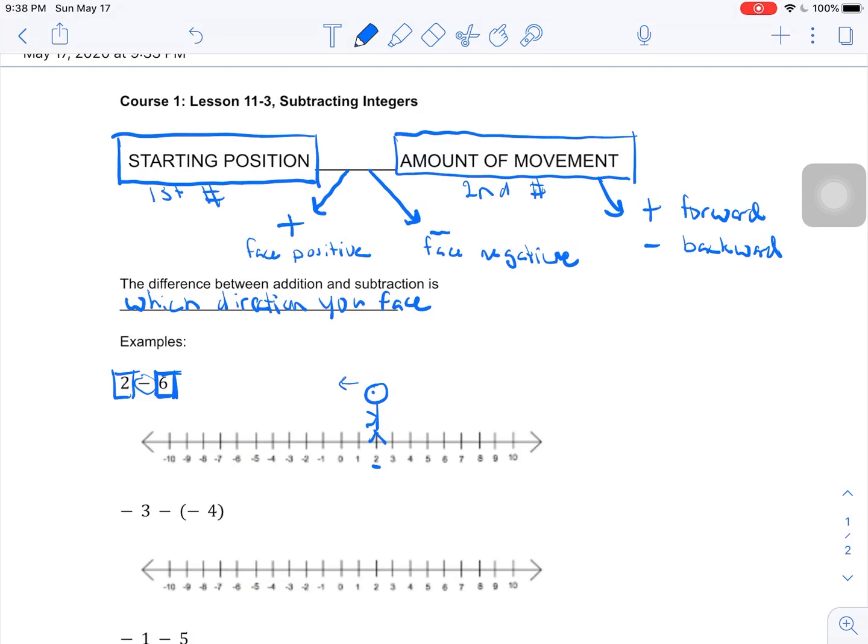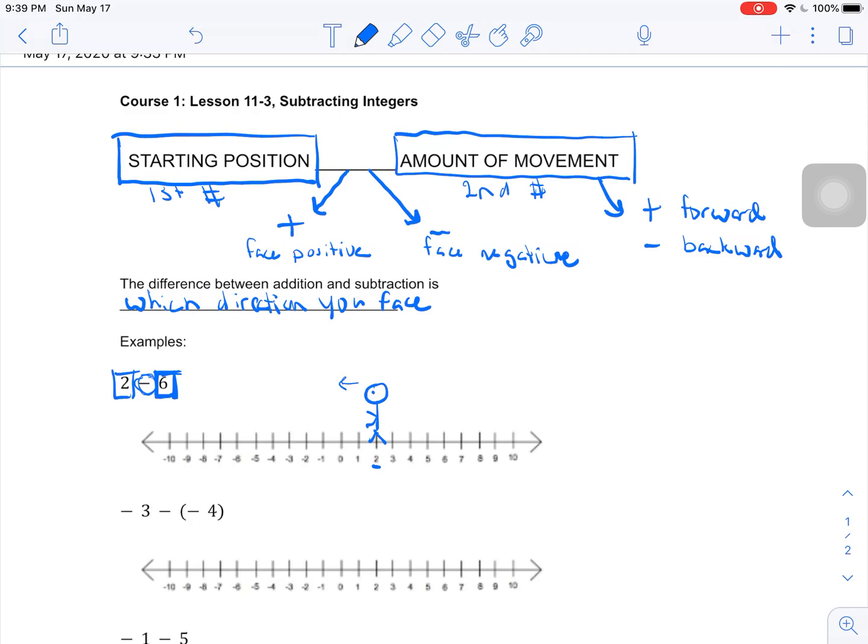So our amount of movement is 6, and that number we're subtracting, because this is the minus sign, is telling us what to do. So the actual number in the box after the subtraction sign, that is a positive number. And we know a positive number means walk forward in front of you. Well, since we're facing negative or facing to the left, if you look on your paper, forward is going to be to the left.